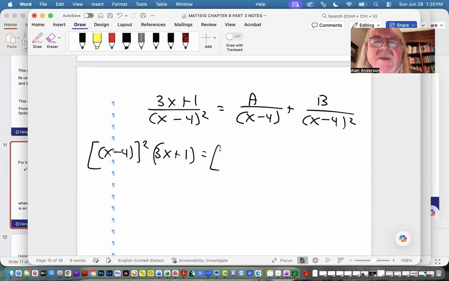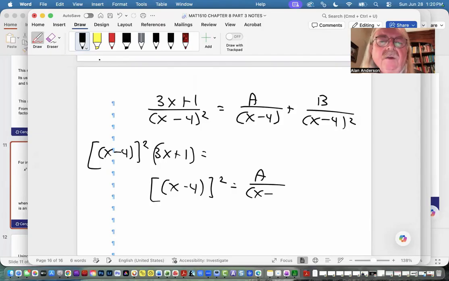Oh, I'm going to run out of space. I'll move this down here. Oh, wait, sorry. It's not equals, it's being multiplied.